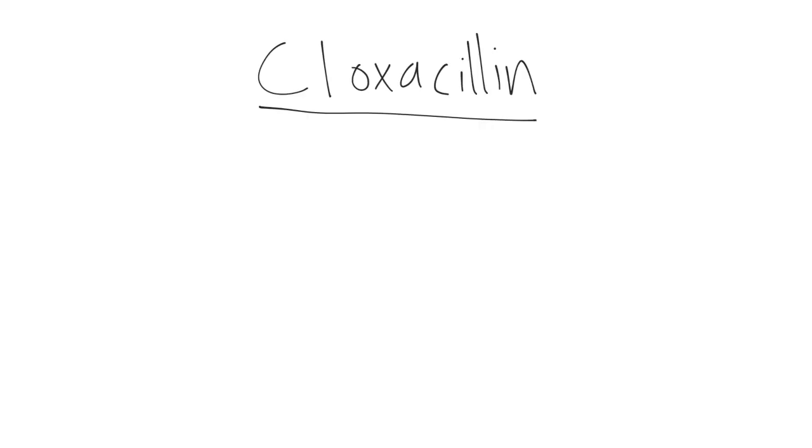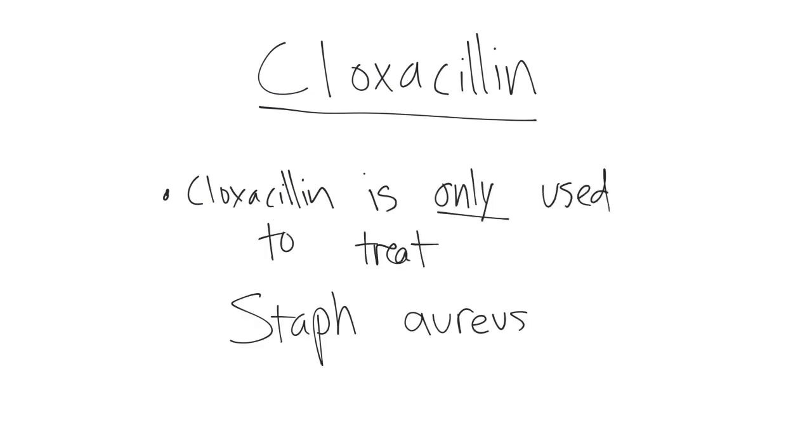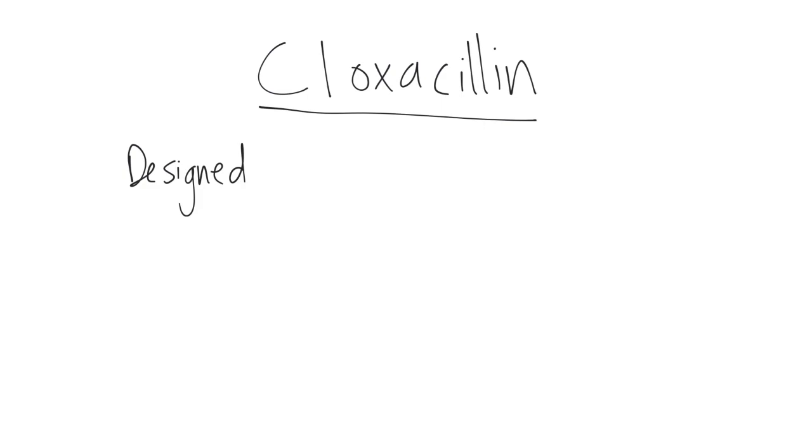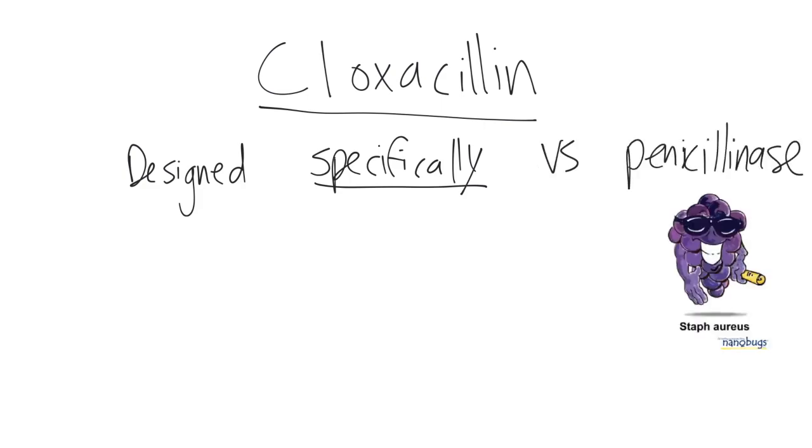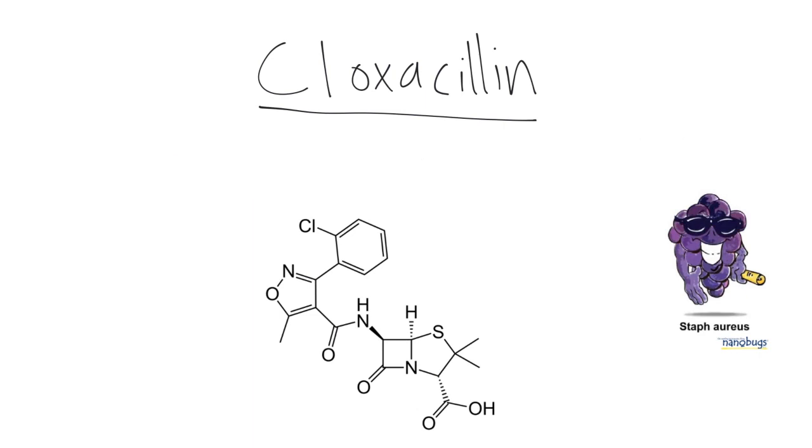Your learning point for Cloxacillin is that Cloxacillin is only used to treat staph aureus. Clox was designed specifically to work against the penicillinase of staph aureus. So here's what it looks like. And you'll see here this big, bulky side chain that's right beside the beta-lactam ring.